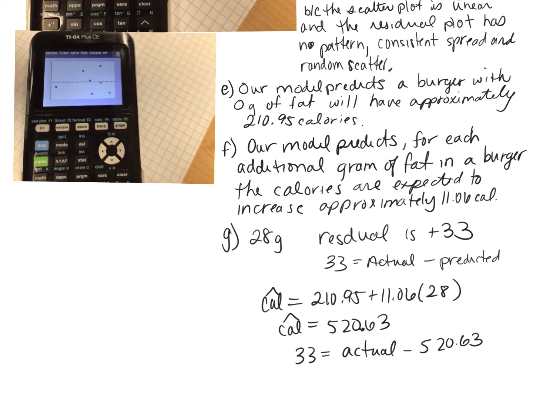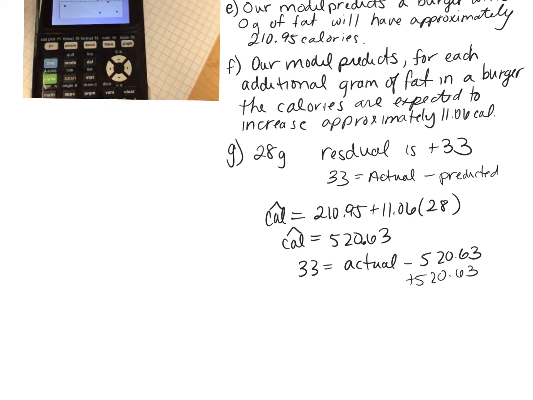If you want to do this algebraically, you're adding 520. But really, if the residual is positive, you add it to your predicted. If it's negative, subtract it. So that's 553.63 calories in the actual burger. Okay.